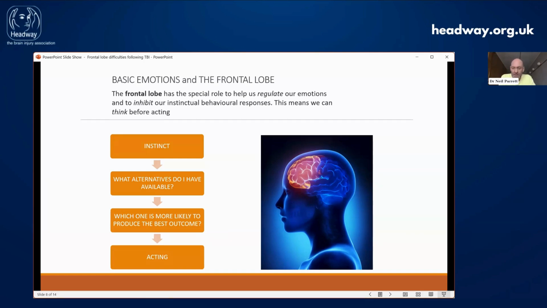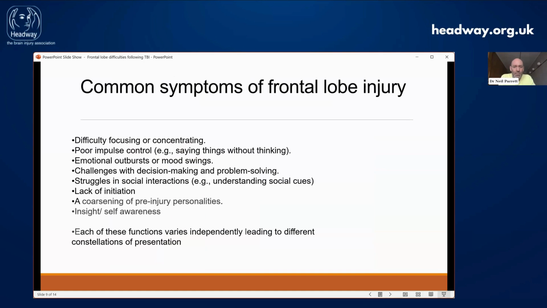Okay. So where does that all leave us? What are therefore the common symptoms that might occur if there is damage to the frontal lobes? I'm going to leave aside the motor difficulties and the language problems and focus particularly on executive difficulties.